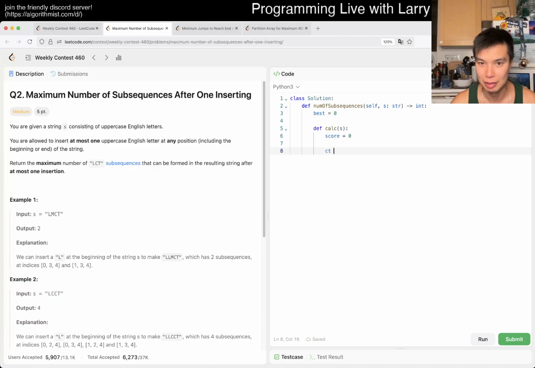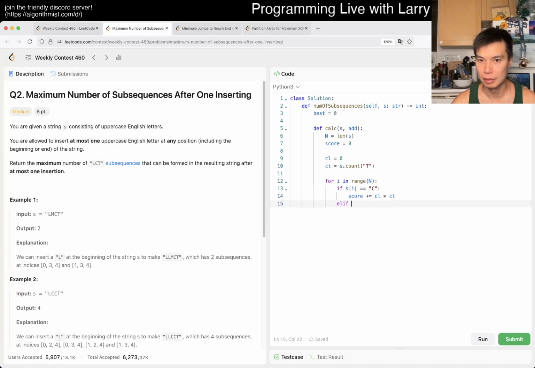Naming things is hard. C L00, right? So then we want to say, if S sub I is C, then we want to say score is added by the number of things on the left times the number of T's, and that's it.